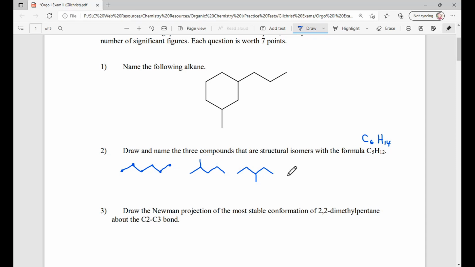Okay. So then the next thing is, if that's all I can do with my 5-carbon chain, then I go to 4 carbons. So 1, 2, 3, 4. At this point, I have 2 carbons. Now, because I have 2 carbons to place as branches, I could either place them as two 1-carbon branches, or I could try to do a 2-carbon branch. But what happens if I place a 2-carbon branch? Does that give me a new isomer?